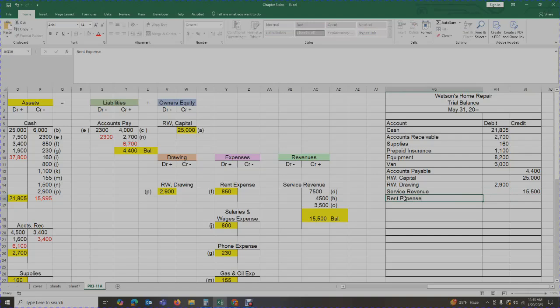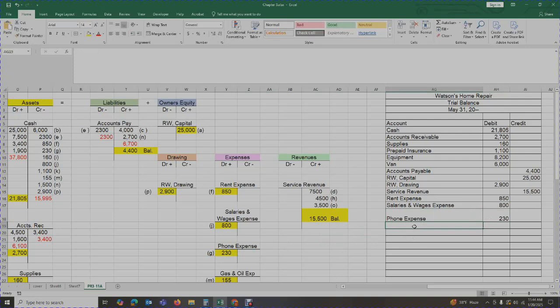Okay, and then we bring in our expenses. I've got rent expense, debit of $850. This is where I'm picking it up. I've got salaries and wages expense, a debit of $800. Then I've got my phone expense of $230 debit.